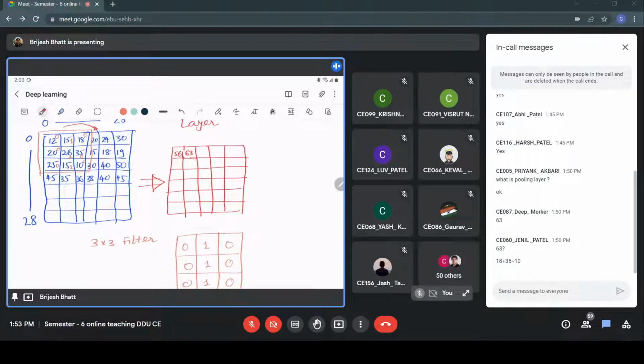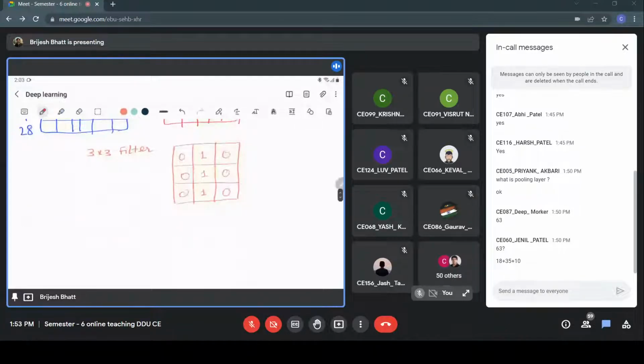Now this is one filter image. This is one filter only for vertical lines. You can create another filter for horizontal lines similarly. Something like this.